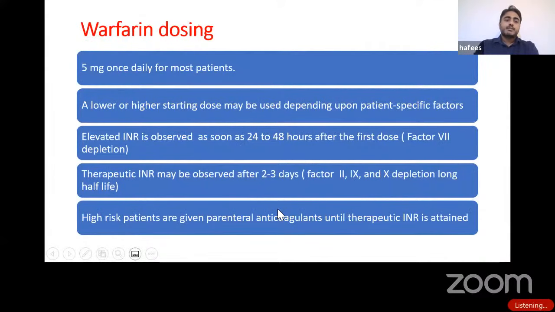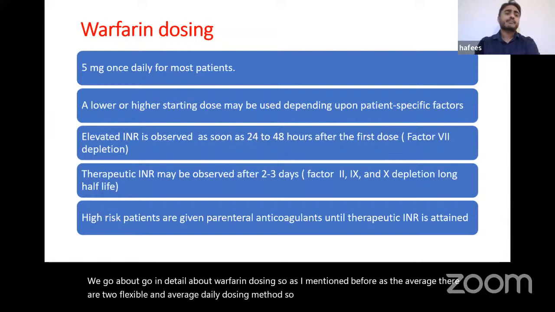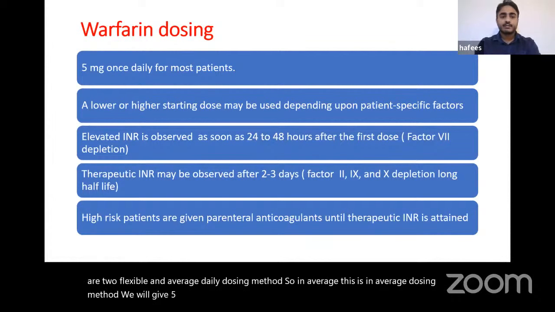Now we go into detail about warfarin dosing. As I mentioned before, there are two methods: flexible dosing and average daily dosing. In the average dosing method, we will give 5 milligram once daily for most patients.